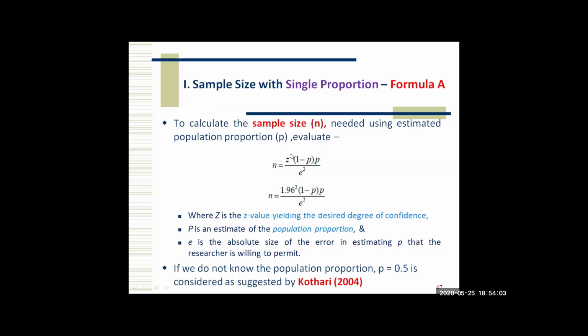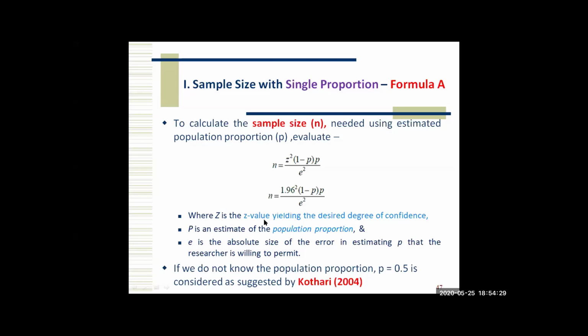Single proportions, that means Z squared times p times (1 minus p) over e squared, where Z varies with the desired degree of confidence, P is population proportion, E is the margin of error.